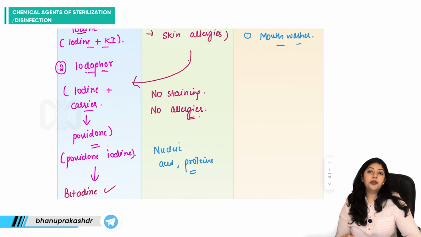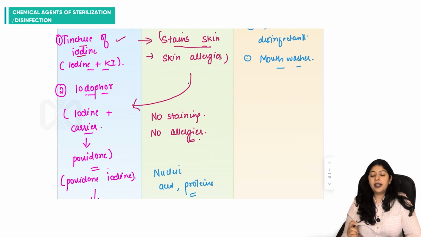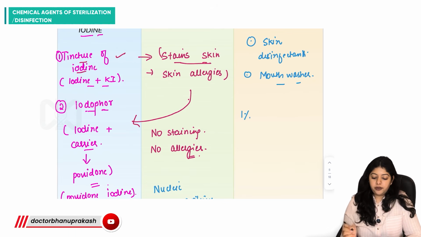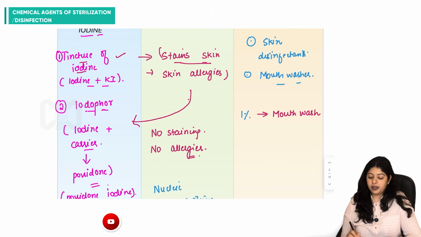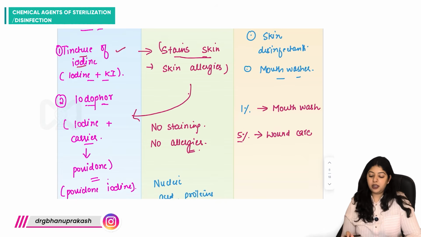So what are the different percentages that we use for these different categories? So 1% of iodine, it is used for mouthwash. Then 5% it is used for wound care or cleaning.